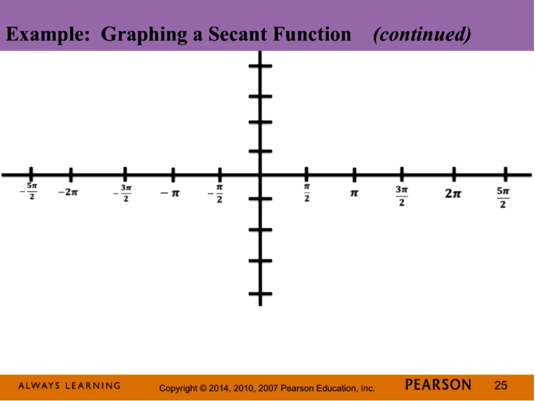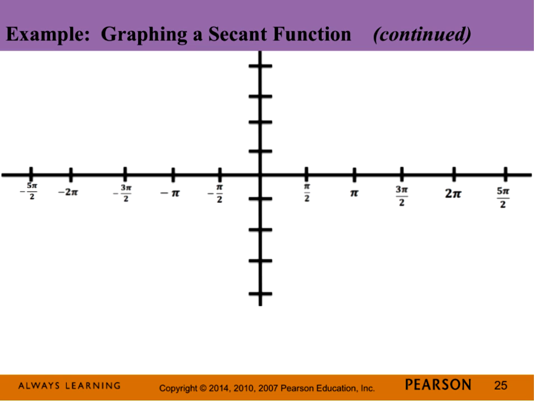Okay, so the first thing I'm going to do is mark my asymptotes for the secant function. And I find that I have asymptotes at pi over 4. Actually, no, I don't put my asymptotes on first.